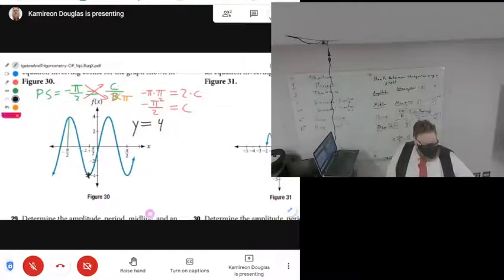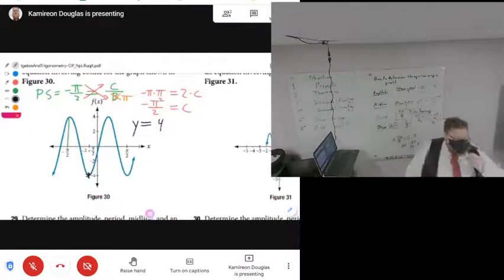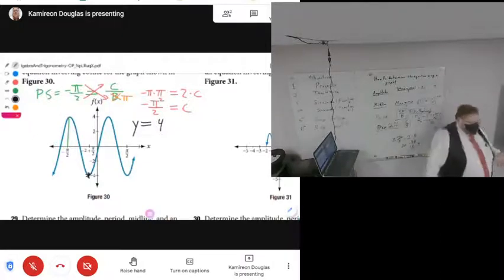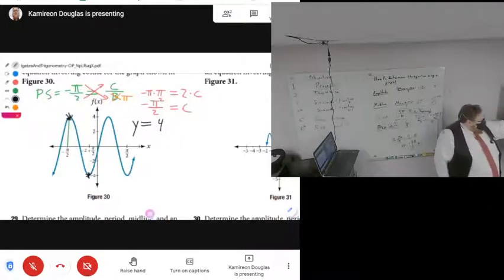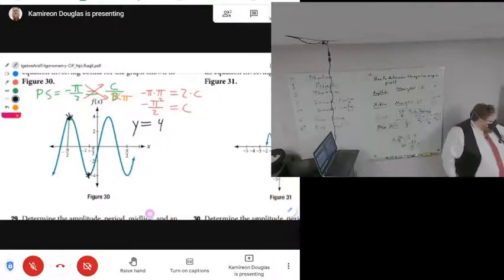Because that's the point: if I choose a different starting place, as long as it's still a cosine function and I follow all the cosine function rules, it should be the exact same solution, even though it may look a little different along the way. So for mine, I'm assuming this is the starting place. So if I do that, then my amplitude would be a positive 4 versus down here would be a negative 4. And then come in, cosine.